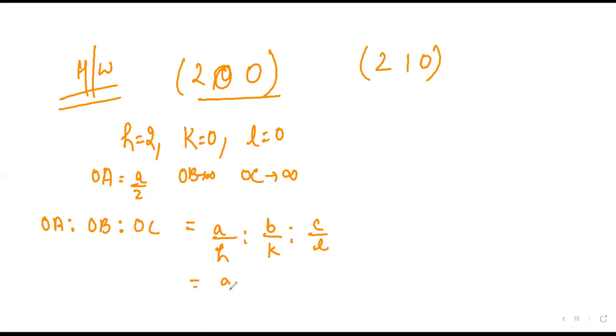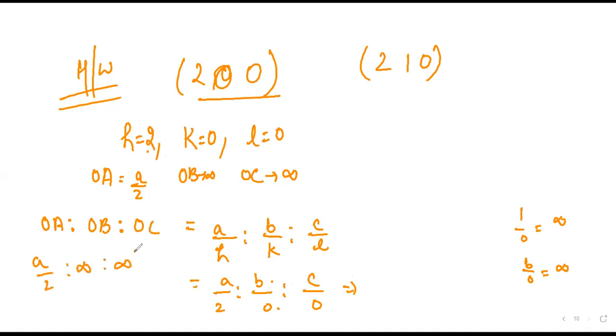So what is H? 2. Similarly, B over 0 is infinity, and C over 0 is also infinity. So the value of OA will be A by 2, ratio infinity, ratio infinity. These are the particular values.